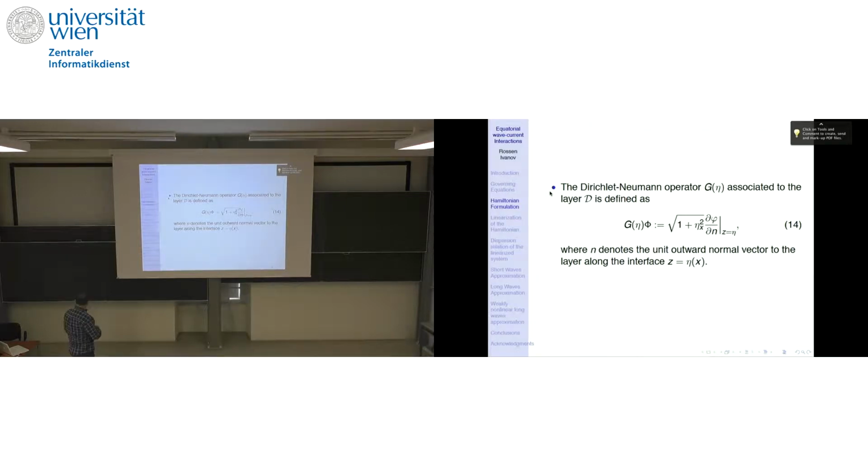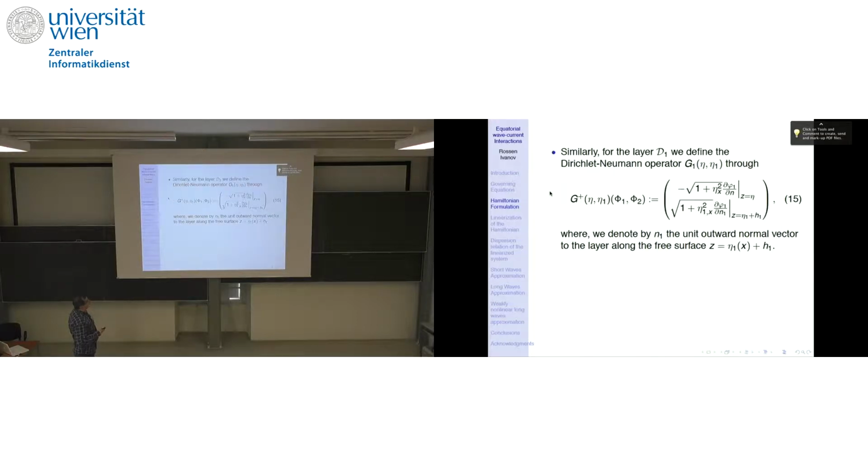For phi, the definition is like this, and for phi 1, we have two surfaces. It's between the surface eta 1 and eta, so it depends on two. The layer depends on two boundaries. So we have actually this more complicated definition that results in a matrix form of the Dirichlet-Neumann operator.